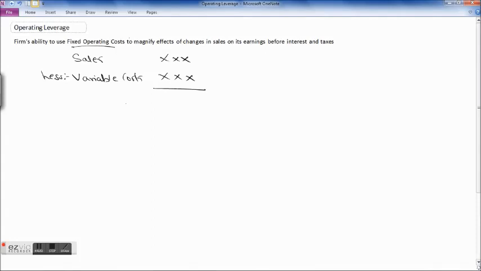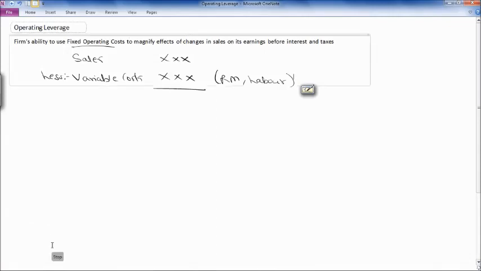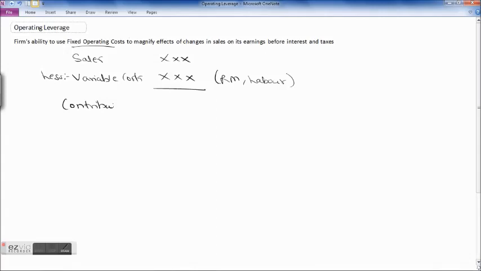What can be examples of variable cost? It can be raw material, then some part of your labor. Basically, variable cost will increase if the number of units increases, and it will decrease if the number of units decreases. Sales minus variable cost gives you contribution.